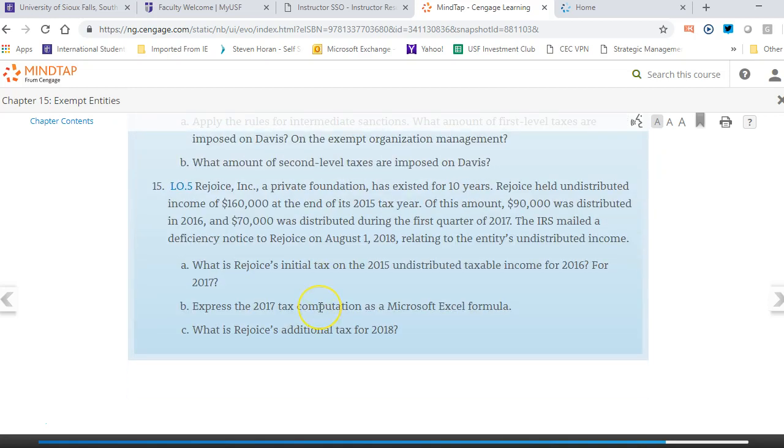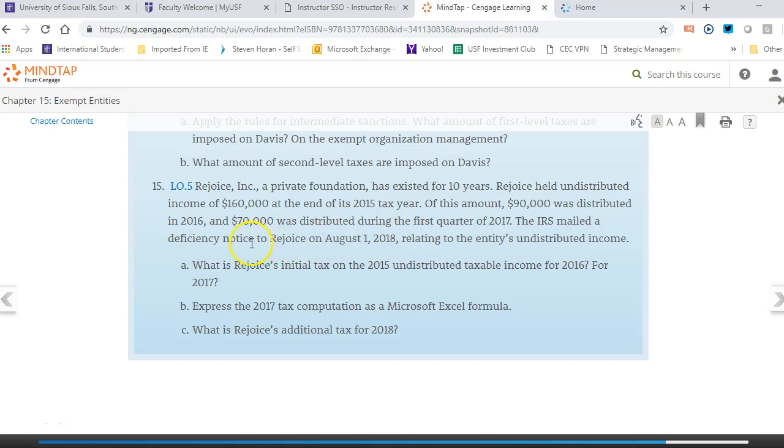Okay, then question 15, and we're just going to do answers A and C. I'm skipping the Excel part here. Rejoice Inc., a private foundation, has existed for 10 years. Rejoice held undistributed income of $160,000 at the end of the year. Of this amount, $90,000 was distributed in 16, and $70,000 was distributed during the first quarter of 17.